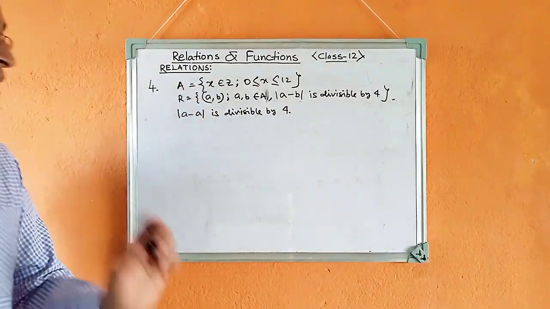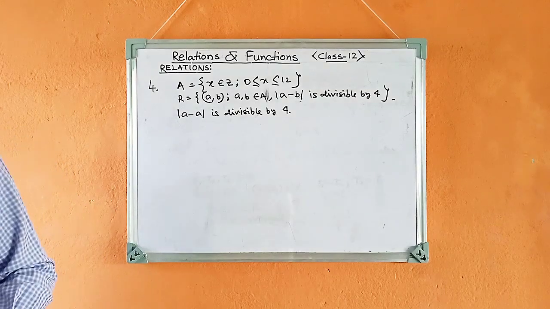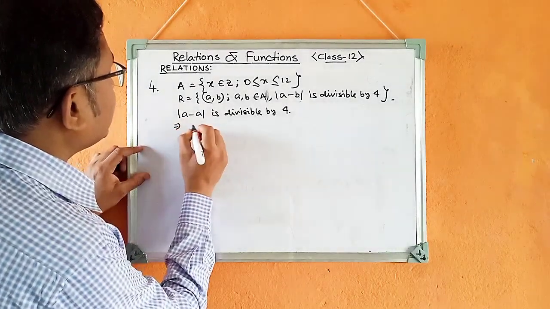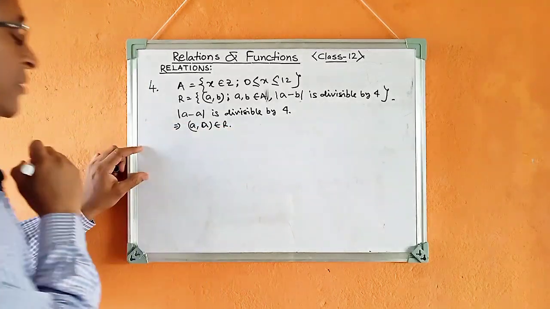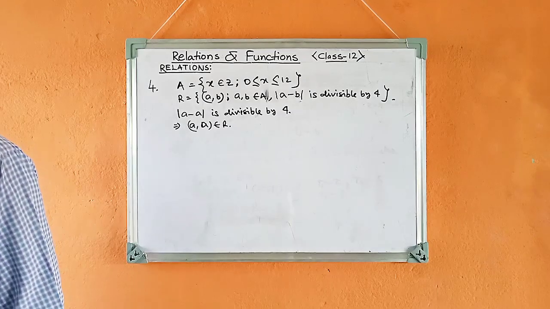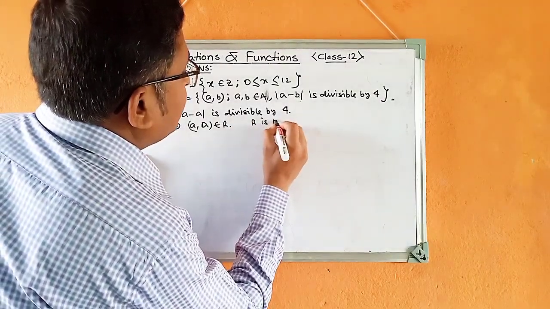Here a is any number, so a minus a is divisible by 4. That implies that (a, a) belongs to R. That means R is reflexive. So we can say that R is reflexive.